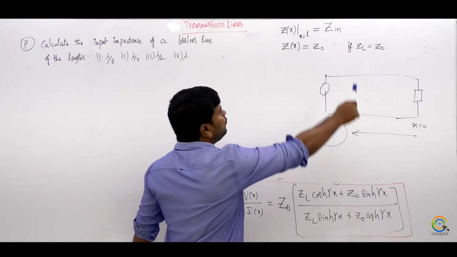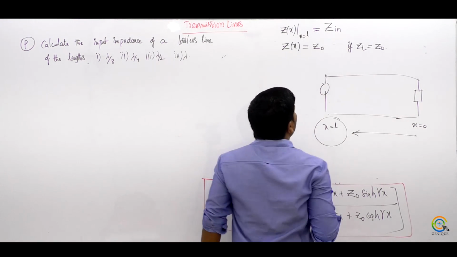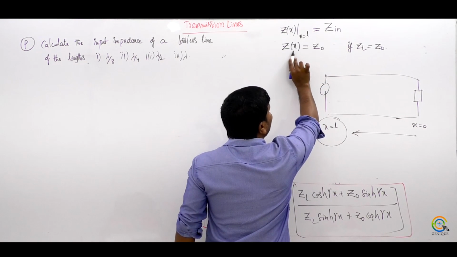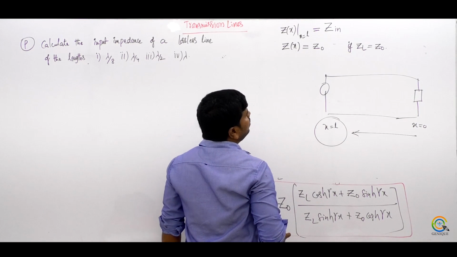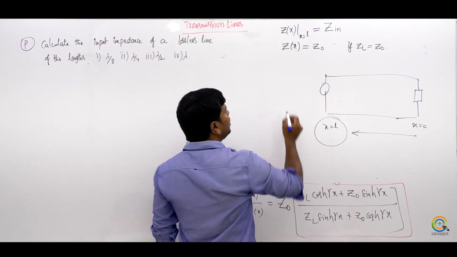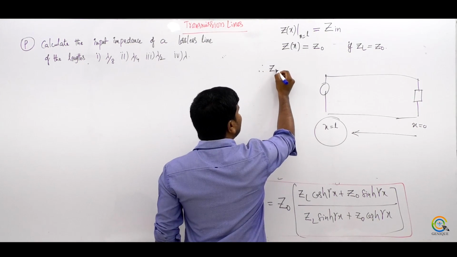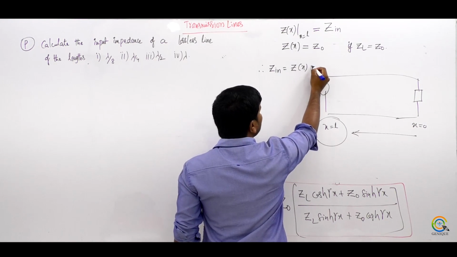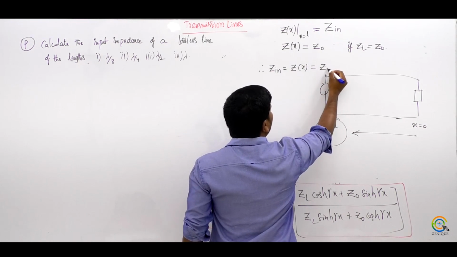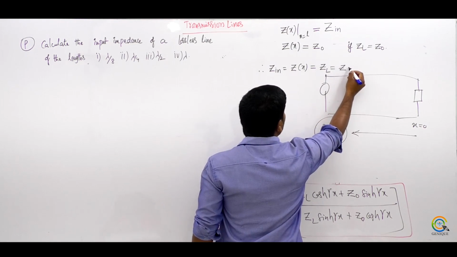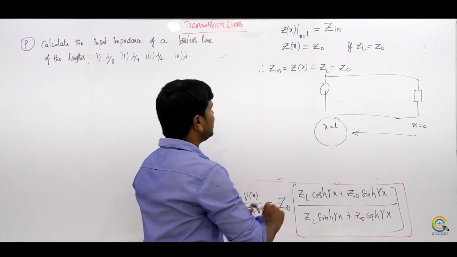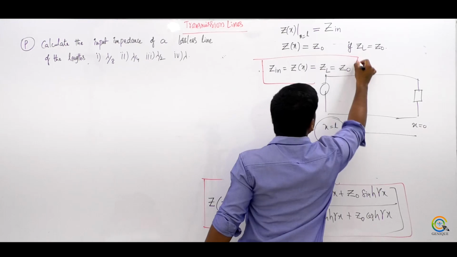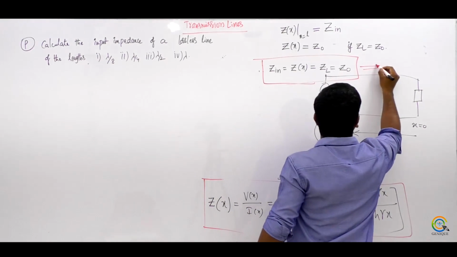So if you put ZL equal to Z0, what happens? Z anywhere will be equal to Z0. That means Z in is equal to Z of x, which is equal to ZL, which is equal to Z0. This is called a matched condition.